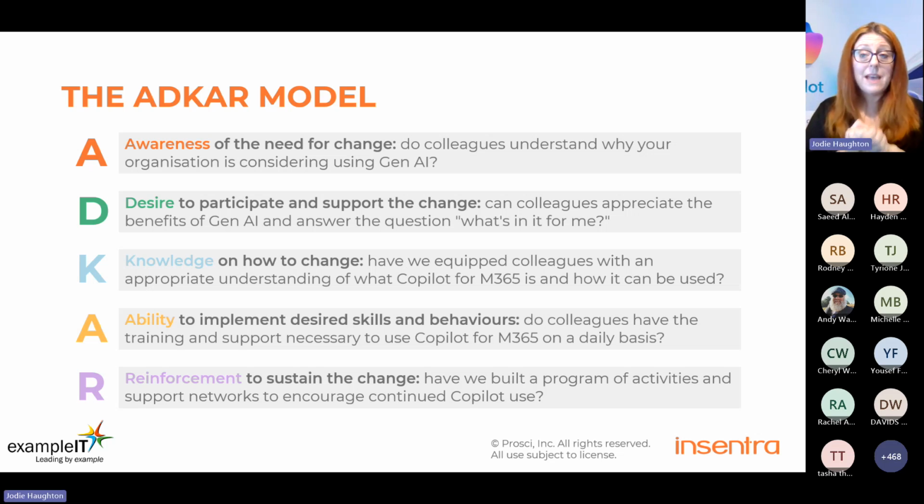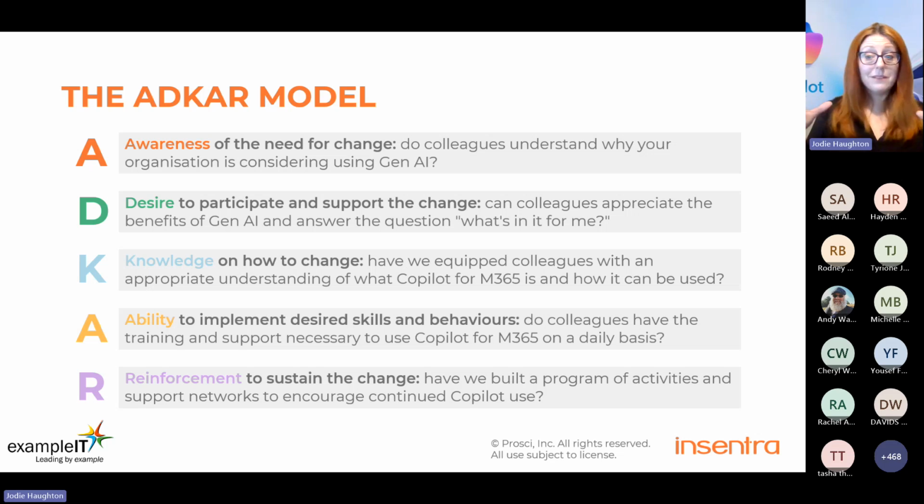Realistically, in order to help people change habits, so we're on the reinforcement point here, you've got to set up an environment where it makes habit change easier. If you've got a team of 10 people who are all used to working in one way, and you only give one of those people a Copilot license, and you're asking that one person to work in a different way to the 9 other people on their team, that's not going to stick.